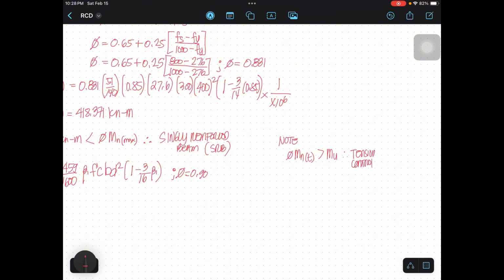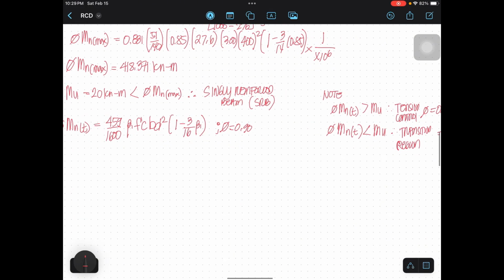And if tension control, therefore yung reduction factor natin is 0.90. Whereas kapag naman yung tension controlled moment capacity is mas maliit compare to MU, therefore tayo ay nasa transition region. And kailangan natin i-compute separately yung ating reduction factor.